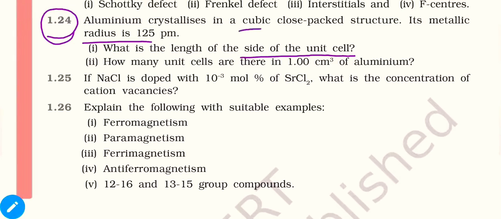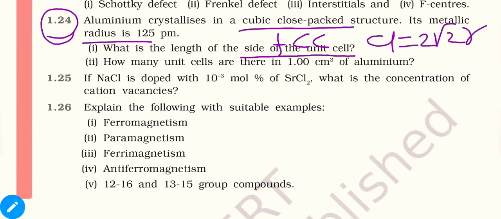Now the given example is a cubic close packed structure, that means it will create an FCC unit cell. So the relationship between A and R for FCC is A is equal to 2 root 2 R, just like we discussed in the previous numerical. So A is equal to 2 root 2 multiplied by 125, which is the radius of the atom.